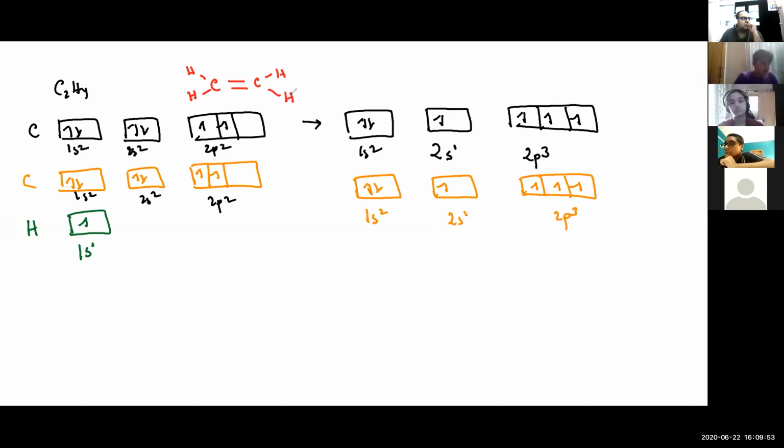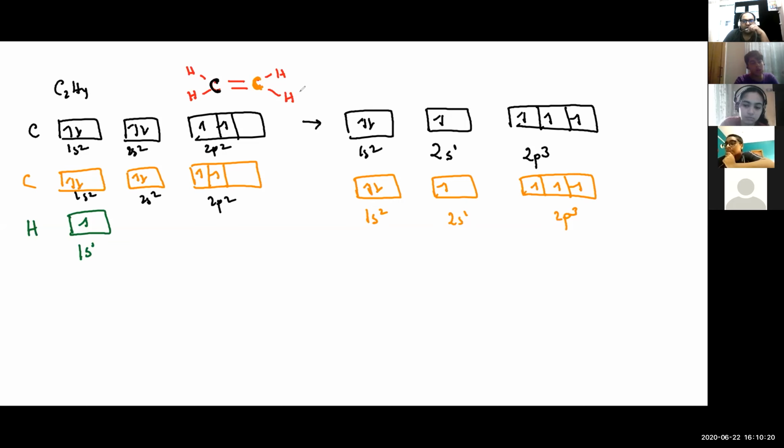Okay, guys. If we take this as the black carbon, and this is the orange carbon. The black carbon is bonded to how many hydrogens? 2 hydrogens. And how many carbons? 1 carbon.